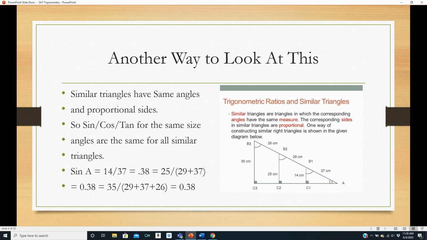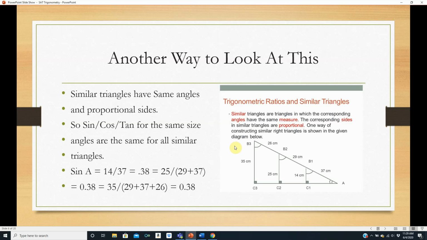So we can see that sine of A is going to be 14, the opposite over the hypotenuse, divided by 37, which is 0.38. Then we're going to have 25 divided by 29 plus 37, which also gives us about 0.38, and then the other one is going to be 35 divided by 26 plus 29 plus 37, which is also 0.38.